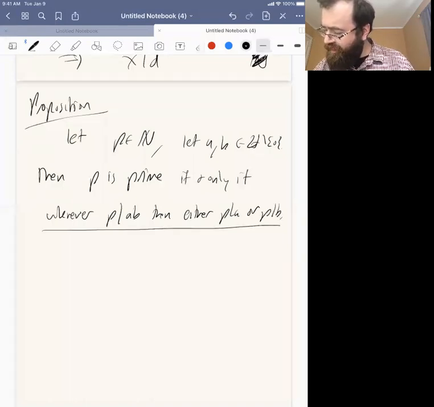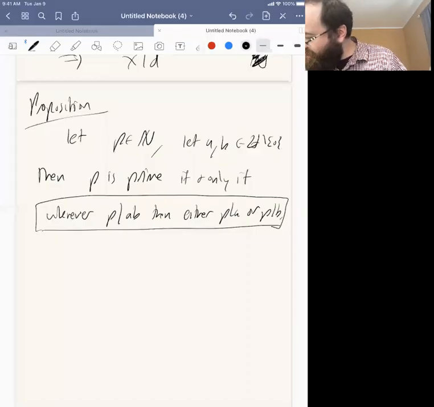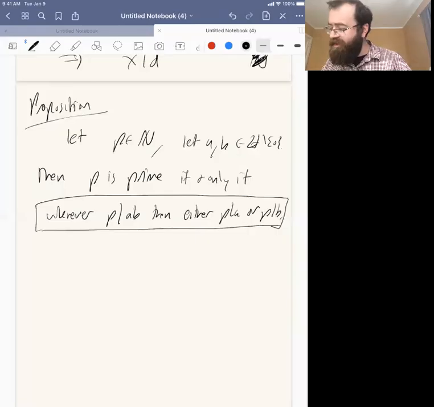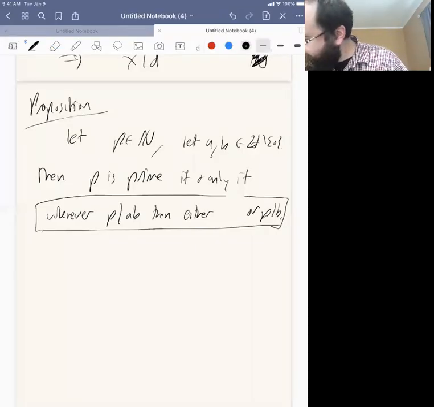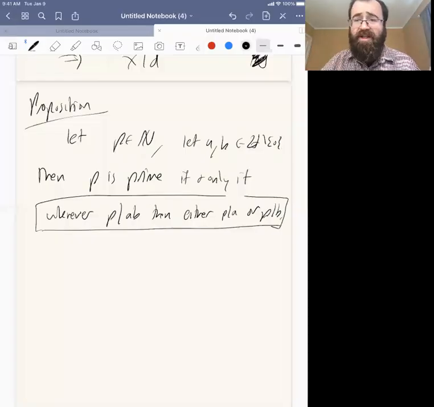So this property is an alternative characterization or alternative definition you'll even see in some contexts of what it means to be prime. Whenever P divides a product of integers, either P divides A or P divides B. So that's a property that a natural number can have.